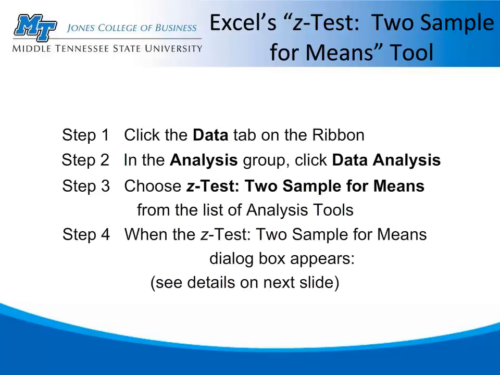The tools are alphabetically arranged, so the z-test is down at the bottom, but just double click on it, or just click on it and select it. Just click on OK, and you pull up the z-test two sample for means tool, and there's a dialog box, and you just put the information into the dialog box, and it will do the procedure for you.